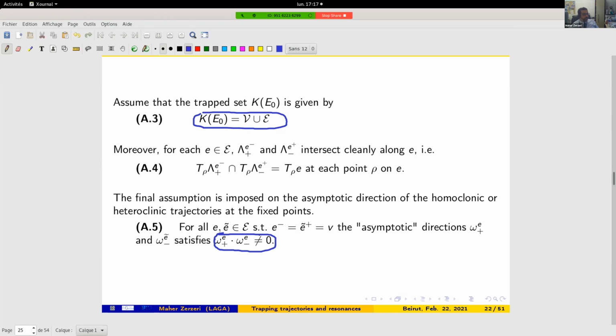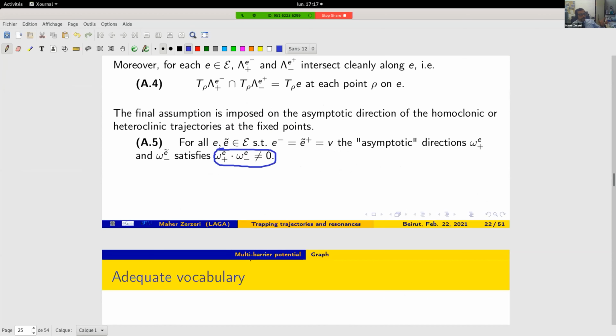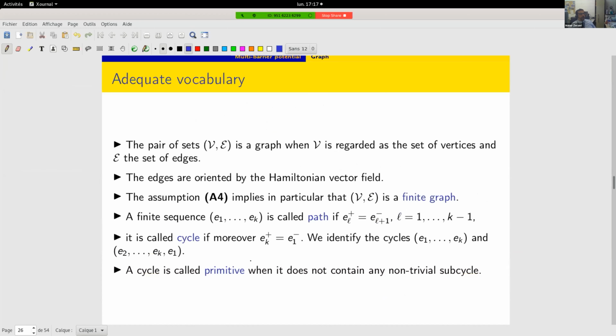And here we need that when we arrive at some vertex, the direction when we arrive and the direction when we pass are not orthogonal. This is very important so that the leading term is not degenerate. And of course, this is generic. By a perturbation, we can do it. So as we explained, the very important setting here, and the adequate vocabulary, is the graph vocabulary, and this is very important here.